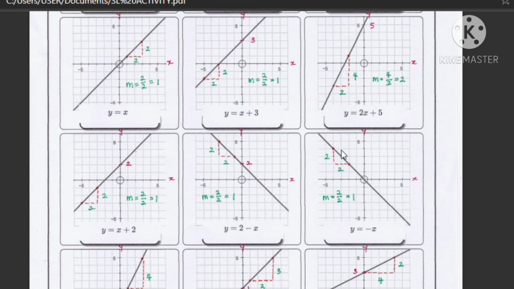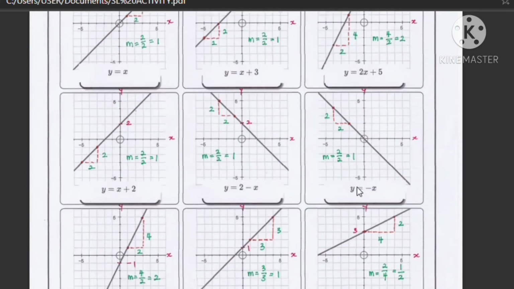So for this linear graph, it is the same as the previous one, but it is a negative gradient because the straight line is going downwards. So the gradient is negative 1, as the straight line is going downward, and it does not have any y-intercept because the straight line does not cross the y-axis here.